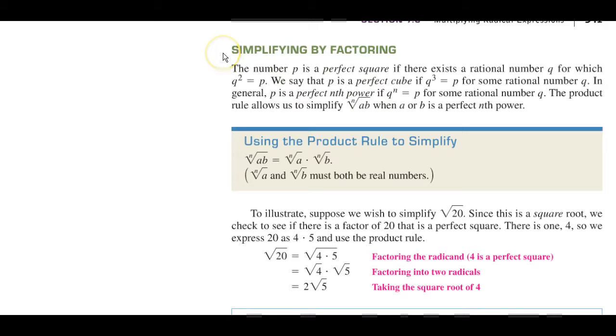Now, they are asking us to start simplifying radical expressions by factoring. So keeping in mind, if we have this, we could separate it into different radical factors. And again, they must both be real numbers, and the index numbers must be the same.